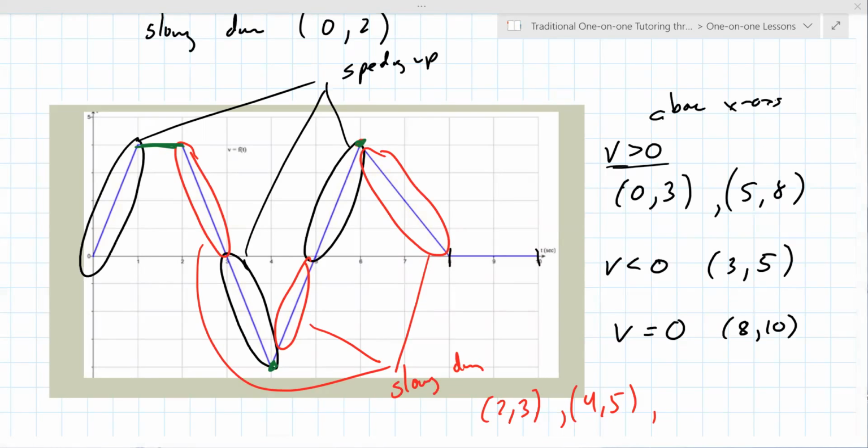And then it's at rest when velocity equals zero. So 0, 3, 5, and 8. No, sorry, 8 to 10. So its velocity is equal to 0 from 8 to 10, and at these other places where it's instantaneously equal to 0. Oh, so I was right. Does 0 count too?